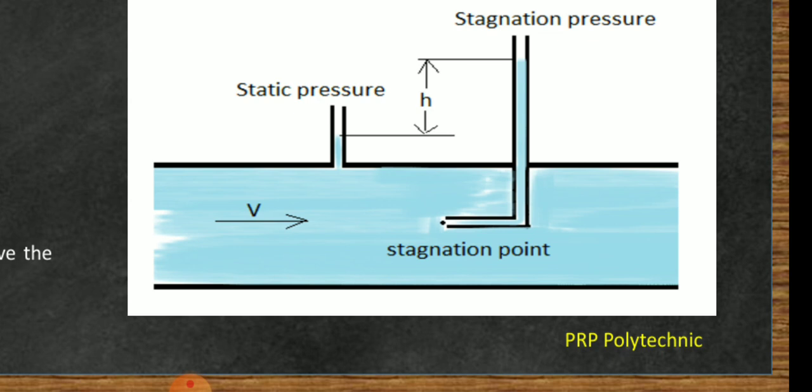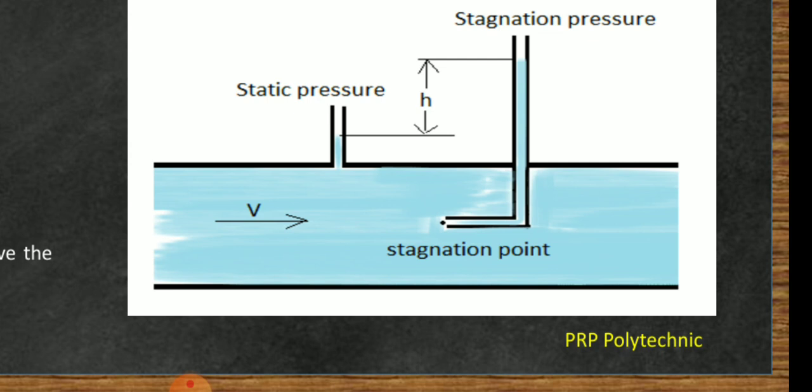The fluid flowing through the pipe passes through the pitot tube horizontal section, causes a stagnation point, and it causes stagnant pressure. Due to stagnant pressure, the height of the fluid rises in the vertical tube. This height is measured and used in the flow measurement formula.